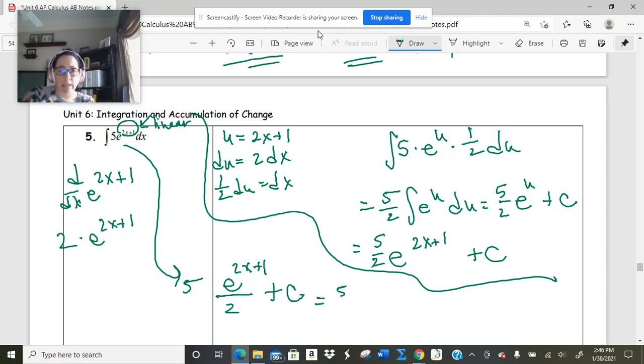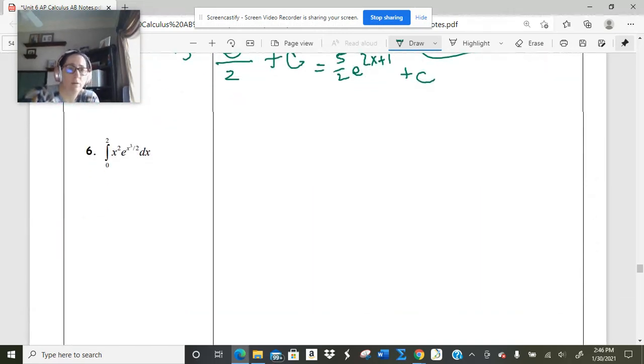And do you see how this is exactly the same thing with a whole lot less work? That will only happen when your exponent is linear. Here, this is not linear. I have to do a u sub.